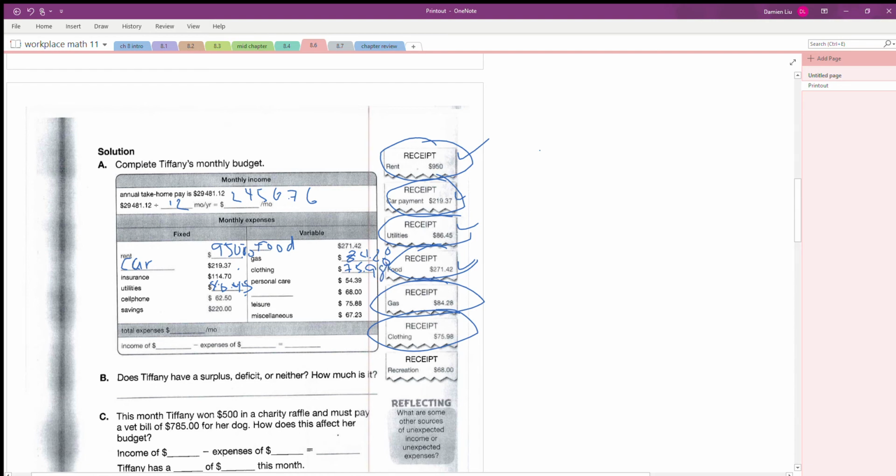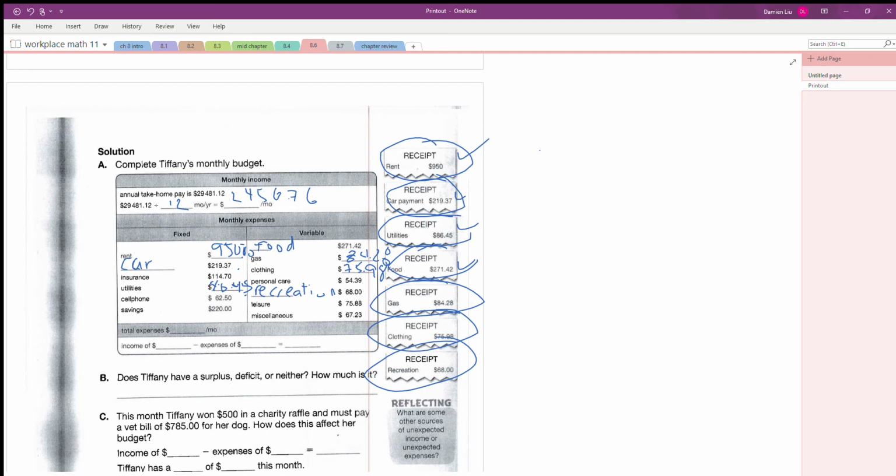And finally, the recreation, $68. So that isn't the same as your gym membership. And there's a few other things here like leisure. Obviously, there's no receipt here, but she's kept track of it. Miscellaneous, which may not fit into any of these categories. All right, and then she's got her cell phone and her savings on there as well.